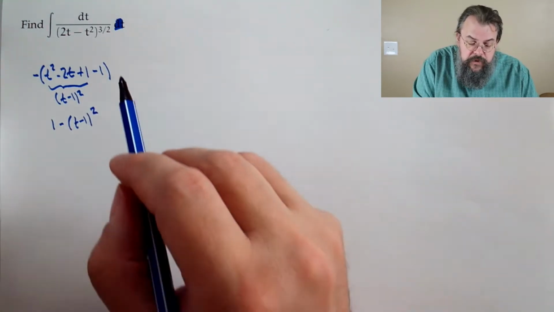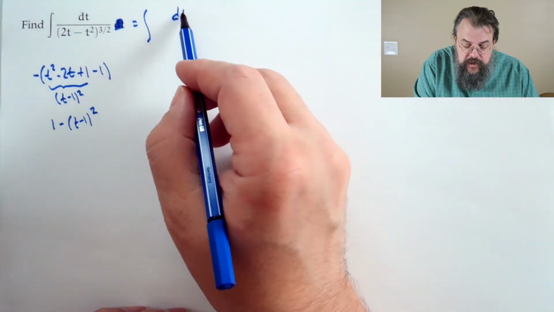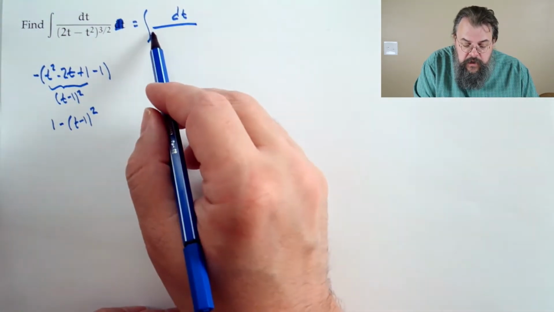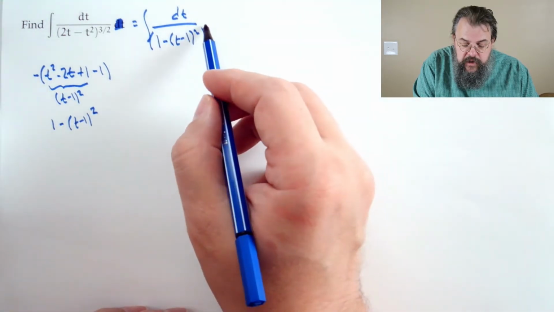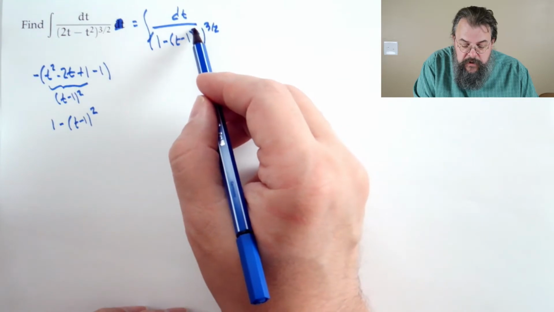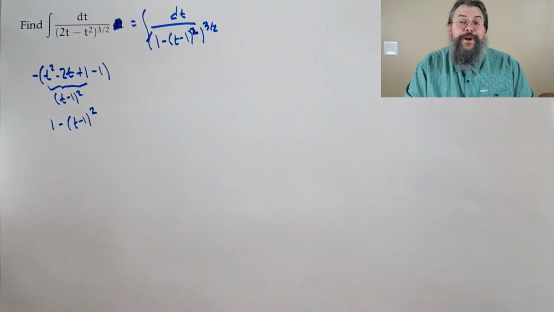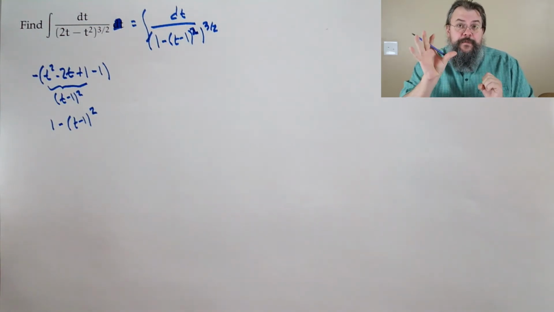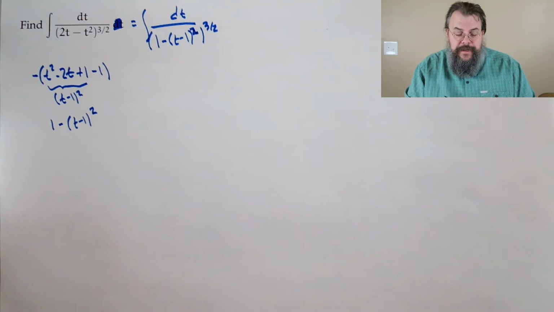So our original integral becomes the integral dt over 1 minus t minus 1 squared to the 3/2 power. And now we're like, that feels more trig sub, because we do have variable squared, that's the t minus 1 squared, and number squared, it's the 1 squared.